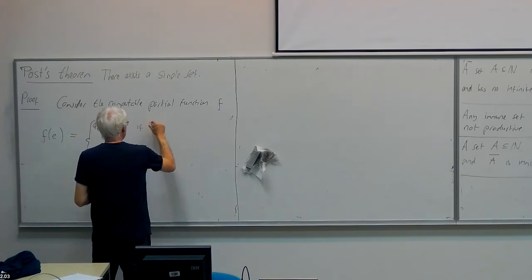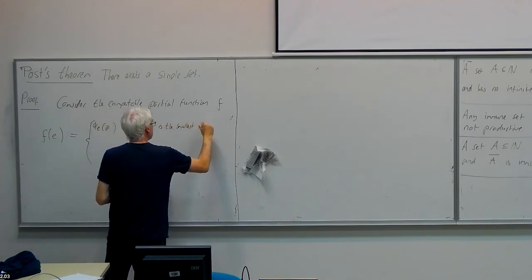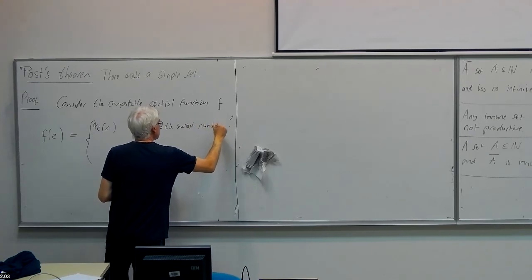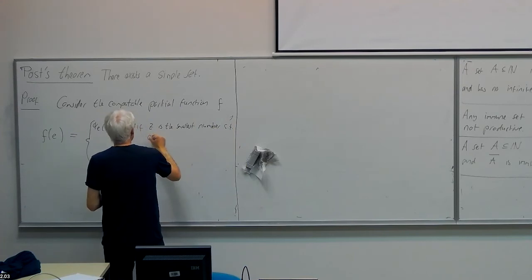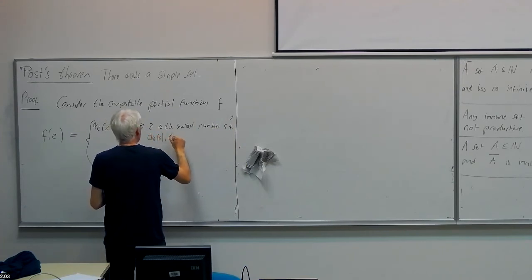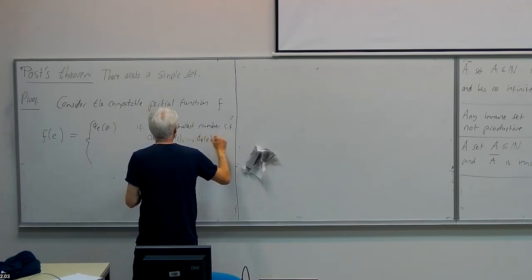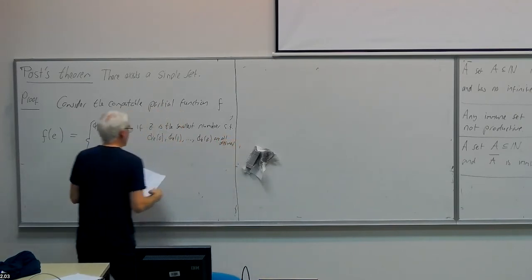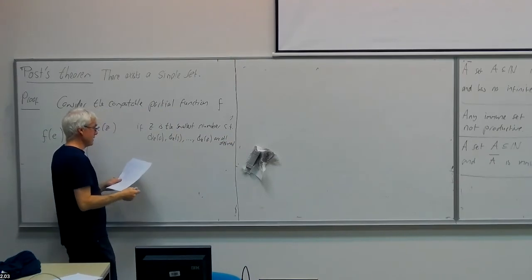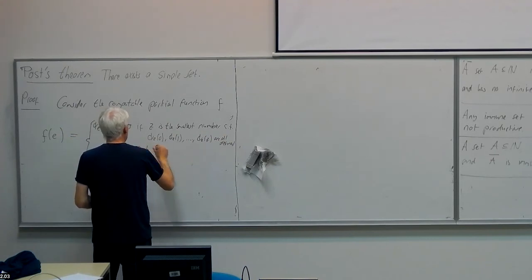So z is the smallest number such that phi e of 0, phi e of 1, all the way up to phi e of z are all defined. So phi e is defined on the first z plus 1 arguments, and phi e of z is sufficiently large.